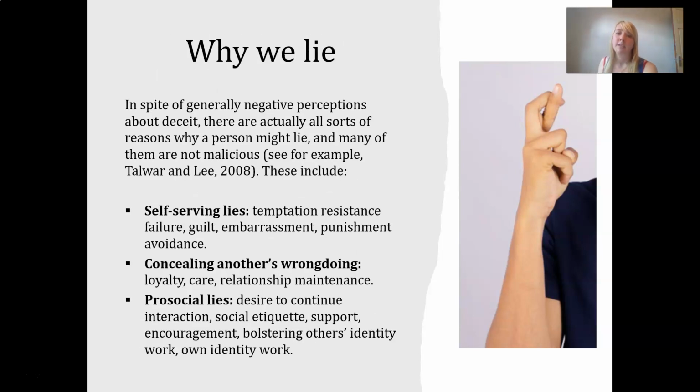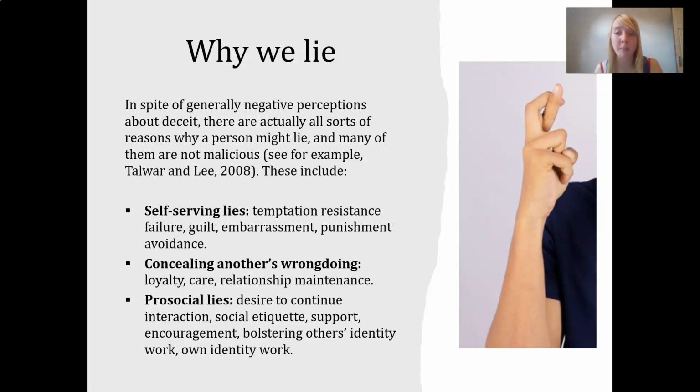So in spite of these kinds of negative perceptions of lying, there are all sorts of reasons that we lie, and the research pulls out these three in particular. So we lie for self-serving reasons. I think that one's quite obvious. So things like failure to resist temptation and then feeling bad about it, leading to feelings like guilt, embarrassment, fear of punishment, I think a particularly interesting one to think about in an education context.